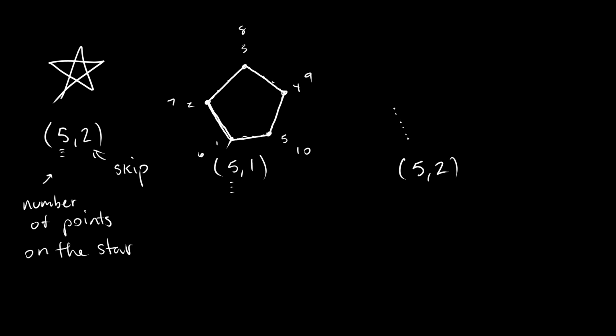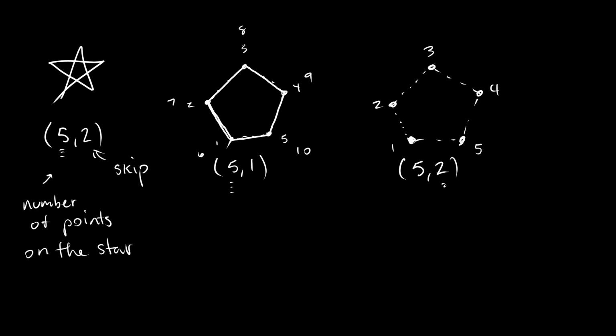But if we went through the process again, we create our pentagon, we mark off the points, and we number the points 1, 2, 3, 4, 5. Well, 5-2 means we're going to add 2 instead of 1.